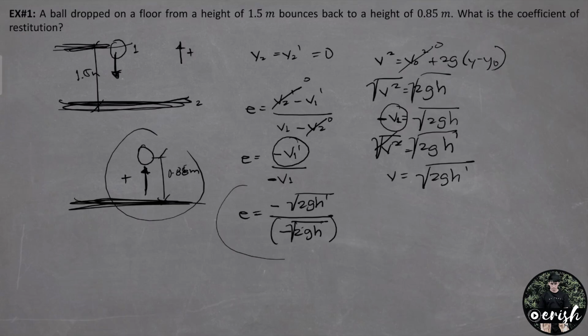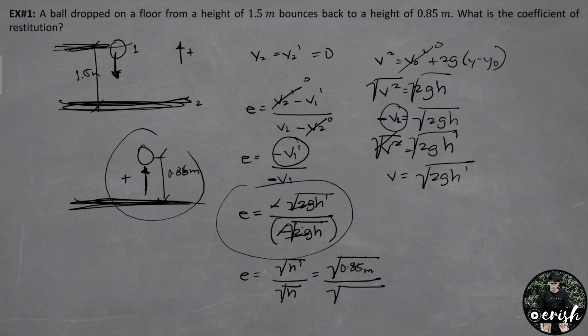So in this equation na, pwede na natin i-cancel yung negative signs, yung square root of 2g, ang matitira sa atin is square root of height prime over the square root of height. By substituting the values, ang height prime natin is the final height, 0.85 meters, this is the height after the collision, over the square root of 1.5 meters.